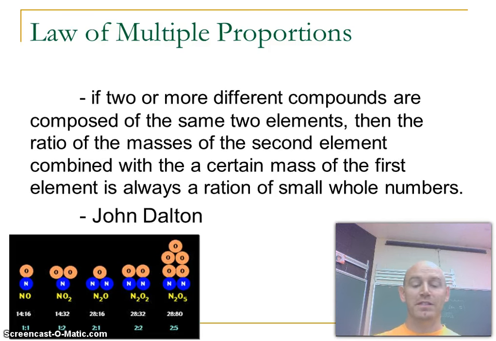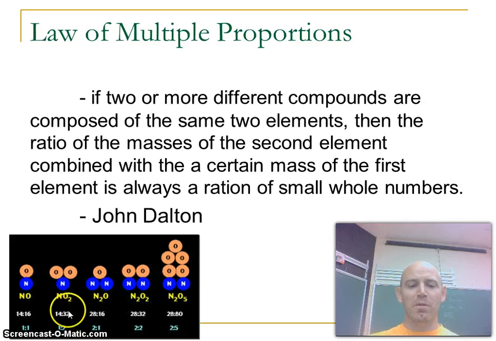And what this basically says is simple enough that when you put these elements together, and you sort of have a mass ratio, say for nitrogen, of 14 to 16, and you sort of lock in the lowest ratio. 14 is 1 for nitrogen, 16 is 1 for oxygen.